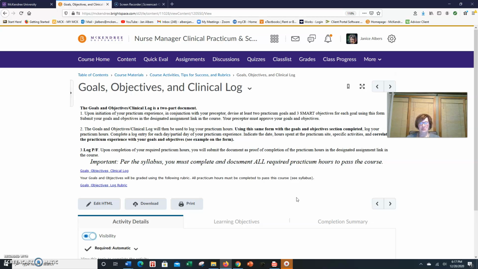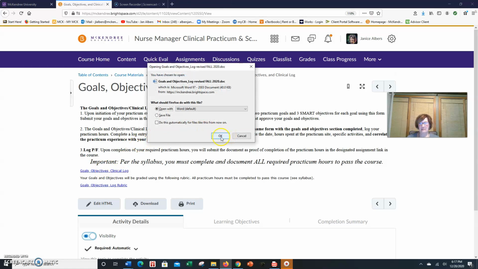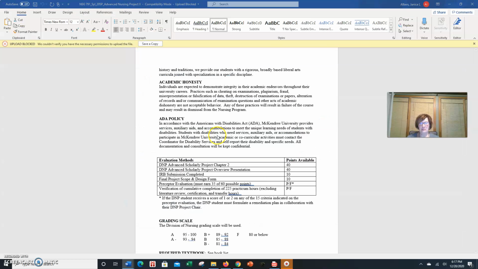And also, we're really going to dive into some of those unique specialty areas that your preceptor may function within and help you to build some of those unique leadership and education skills, those types of things. So with that being said, we're going to go ahead and take a look at the clinical log and goals and objectives form.